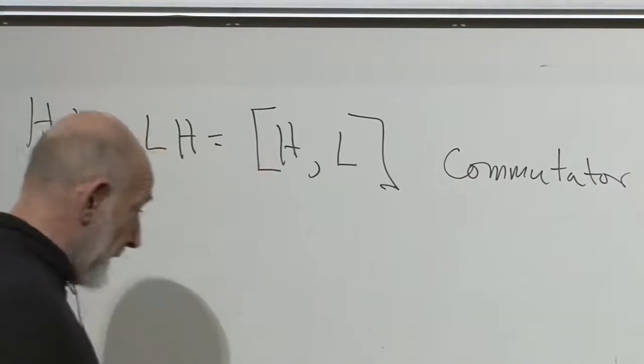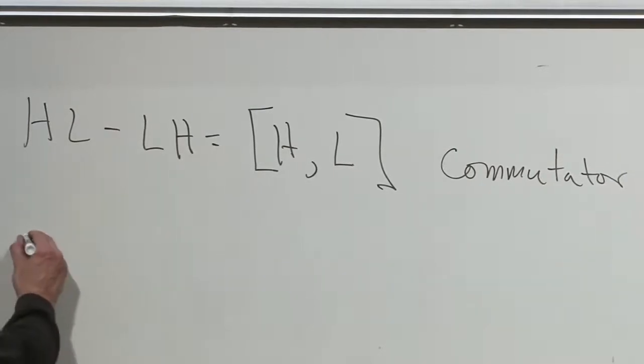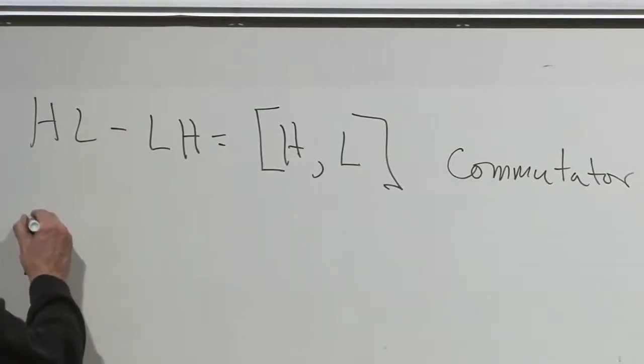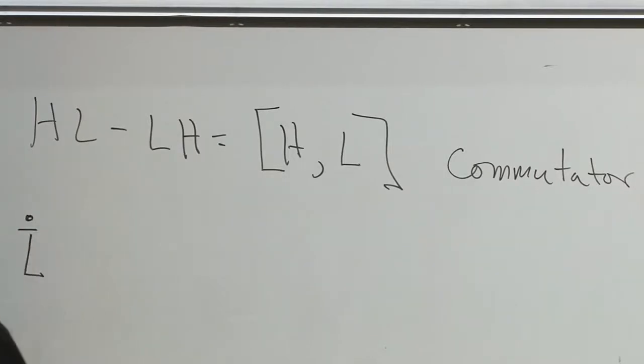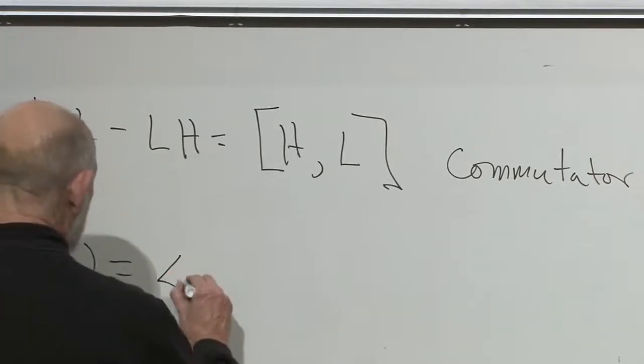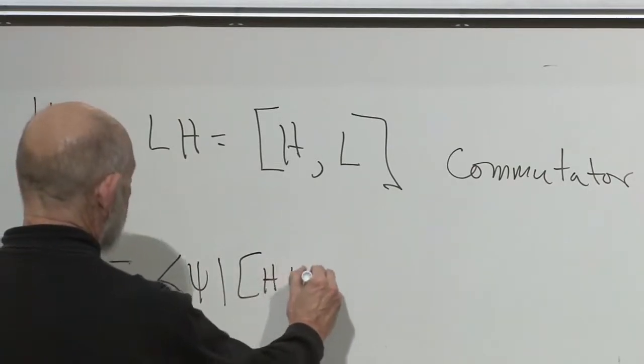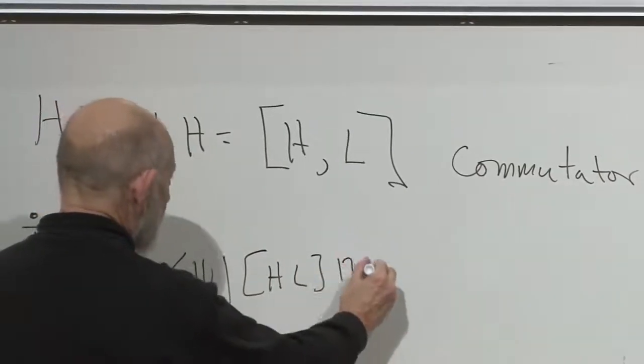But it's called the commutator. And so what we have here is the equation that the time derivative of the average of L at any given time is equal to i psi commutator HL psi.